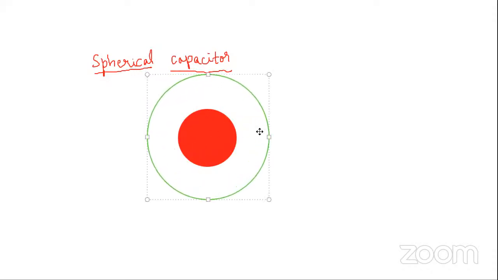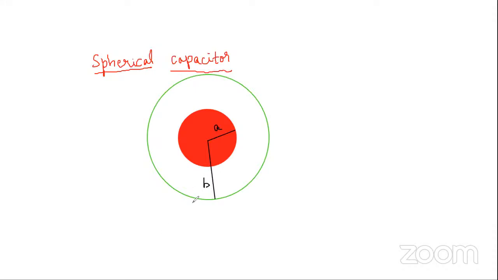The green color one is the outer sphere and the red color one is the inner sphere. The radius of this inner sphere is small a, and the radius of this outer sphere is small b.